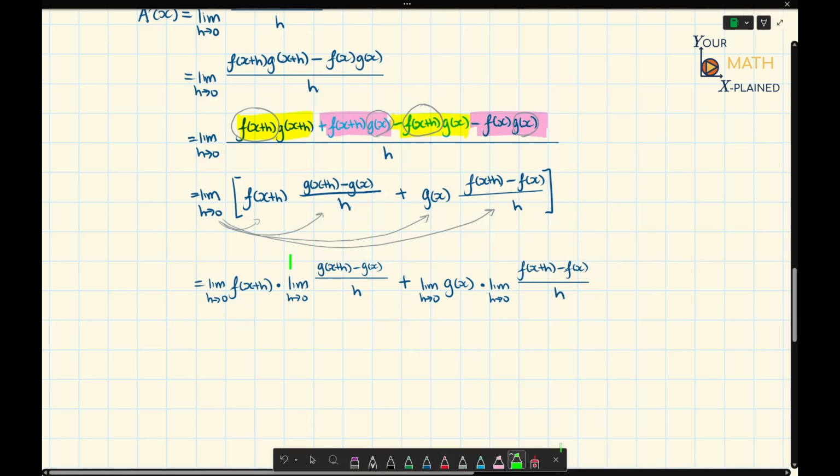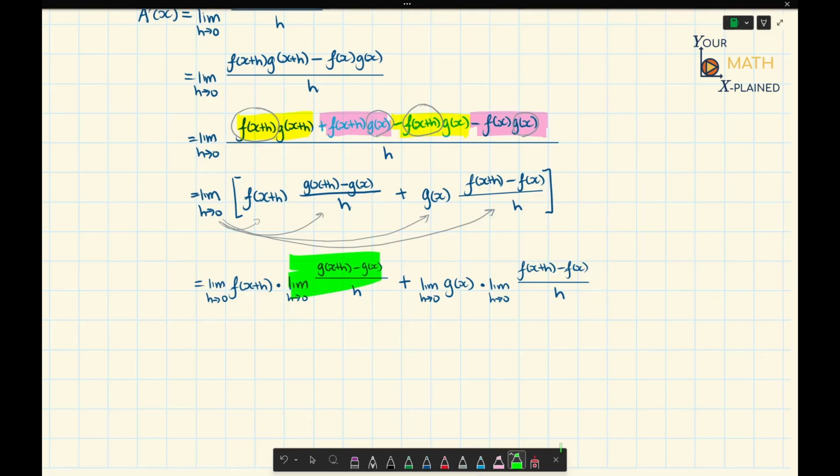Now notice this thing here is just the definition of g prime of x, and this thing here is just the definition of f prime of x. So this is g prime of x, and this is f prime of x.